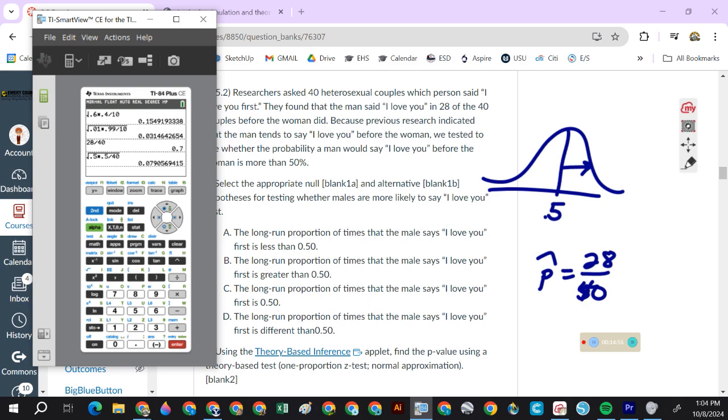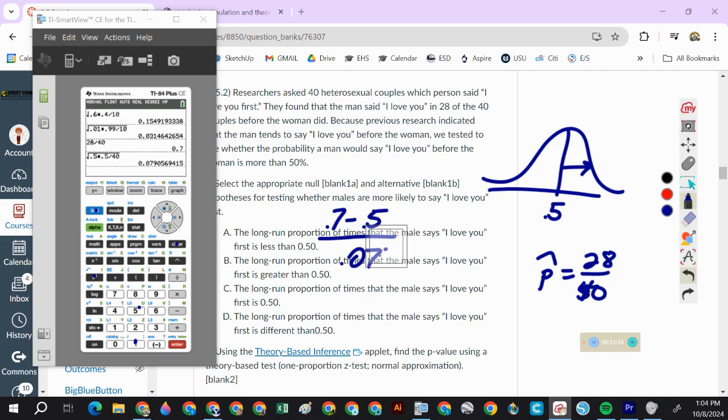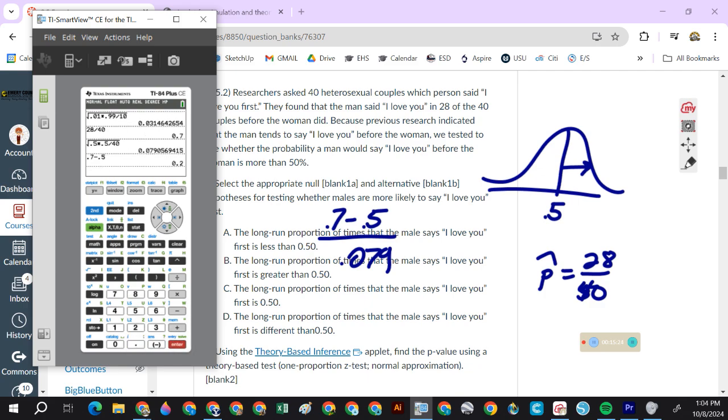And I get 0.079. So to calculate my z-score, I take 0.7, which is our sample statistic, and I subtract the expected value from the null hypothesis, and we divide that by the standard deviation, 0.079. 0.7 minus 0.5, divided by 0.079, and I get a z-score of 2.5.